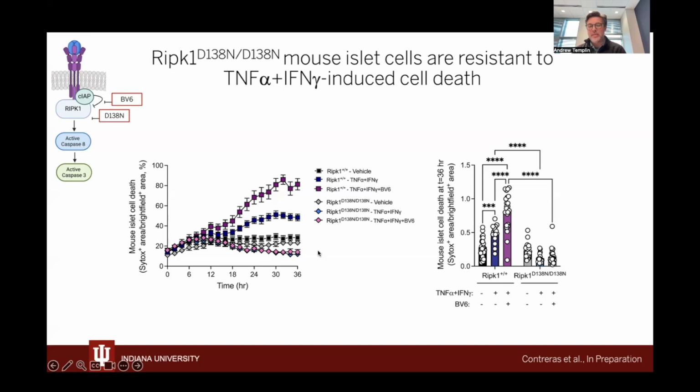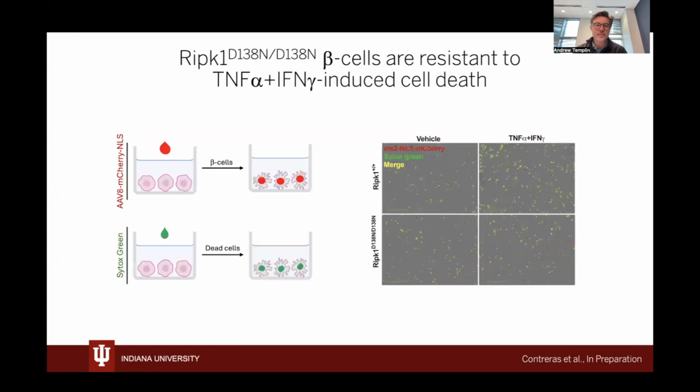And when we do the same treatments in our RIP1 kinase dead islets, which are in the diamonds here, we basically find no increase in cell death. So this showed us that this TNF and interferon-induced cell death is dependent on RIP1 and is regulated downstream of IAPs.